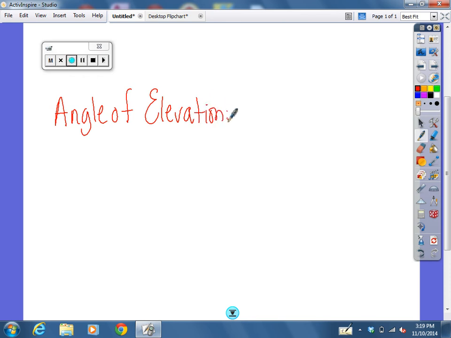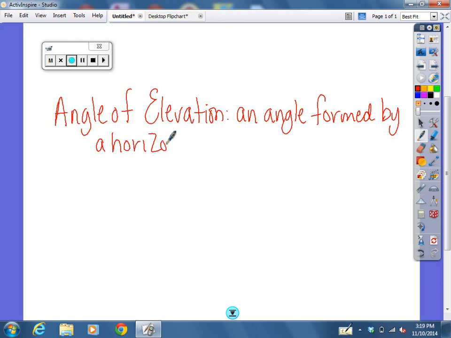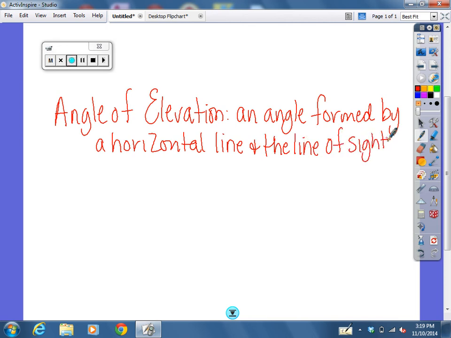The definition is an angle formed by a horizontal line and the line of sight to an object above the horizontal line.